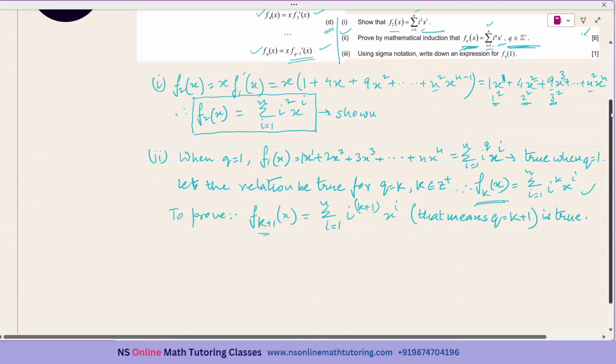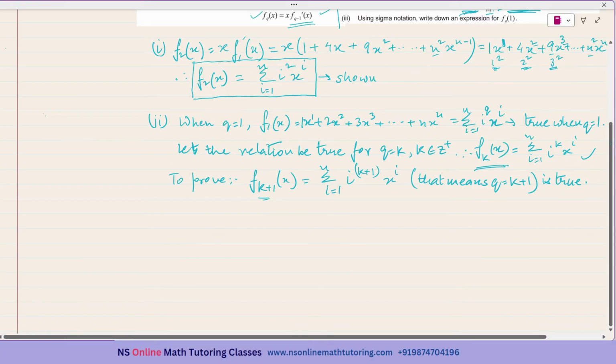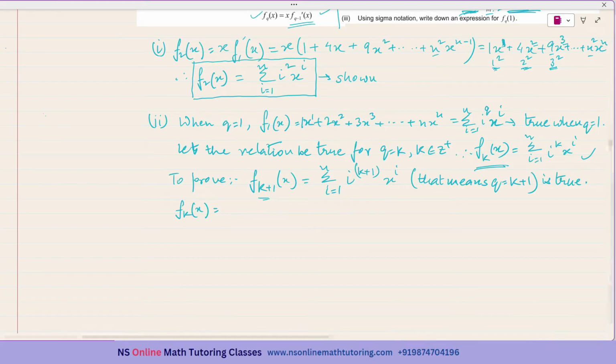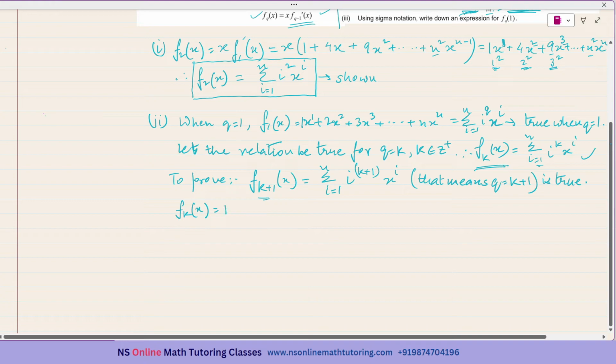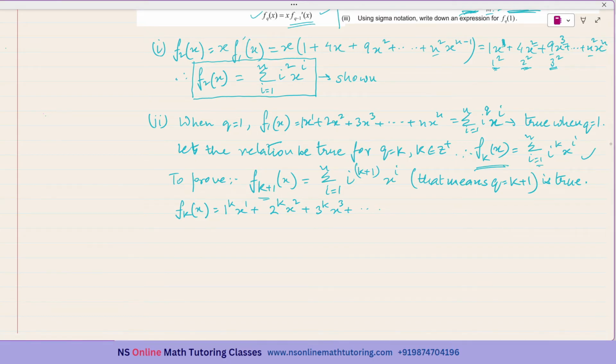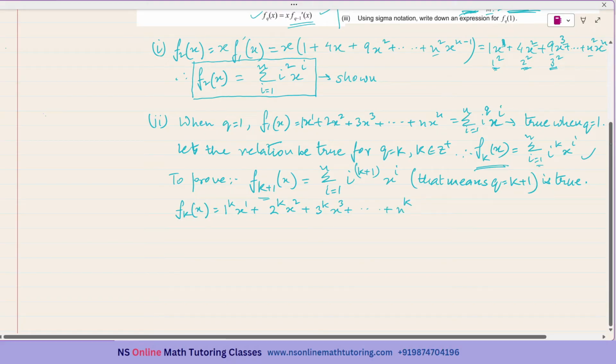So first of all, let us write what is f_k of x. f_k of x is equal to 1 to the power of k, x to the power of 1, plus 2 to the power of k, x to the power of 2, plus 3 to the power of k, x to the power of 3, plus dot dot dot, plus n to the power of k, x to the power of n. Okay.